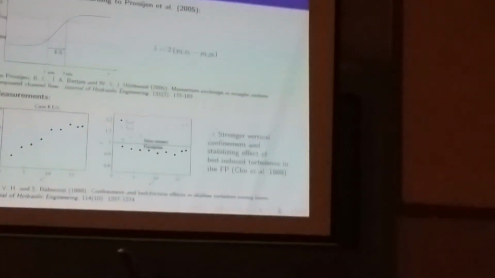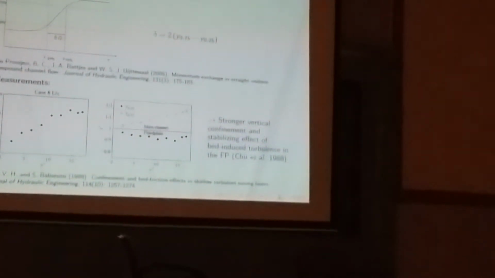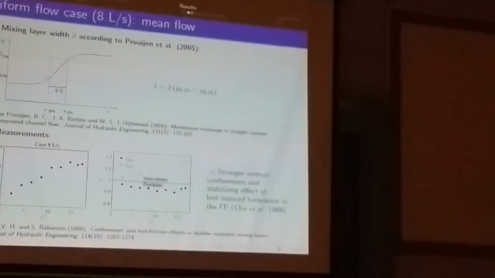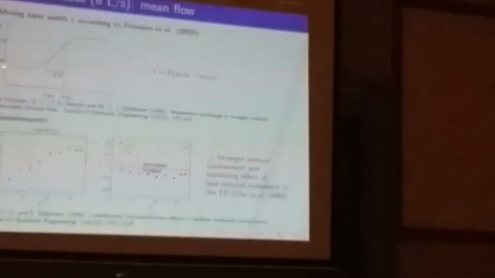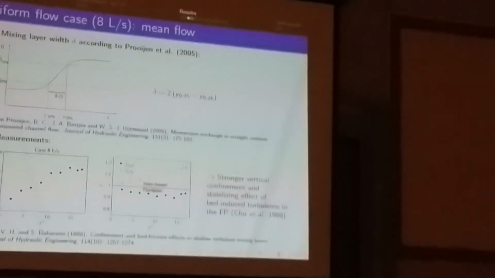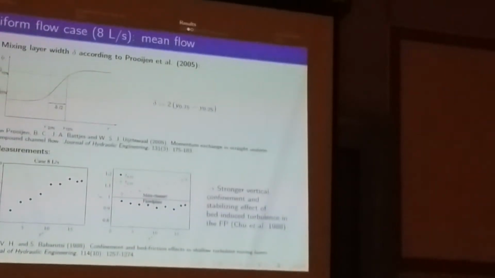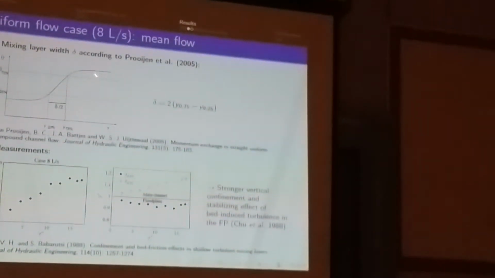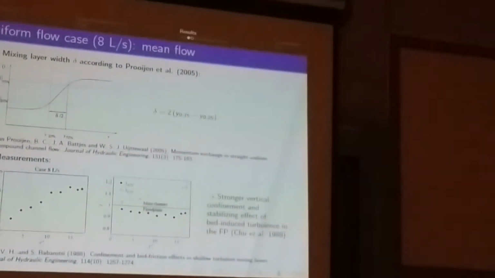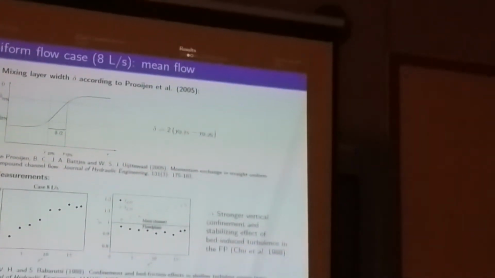So, okay, the first step is to look at the uniform flow. A compound channel flow presents a mixing layer, and in the literature, the first thing to measure when you have a mixing layer is the mixing layer width.